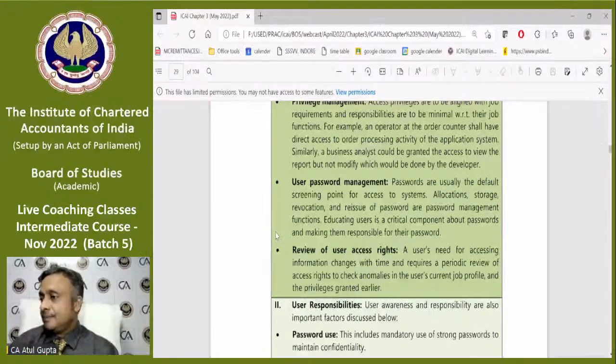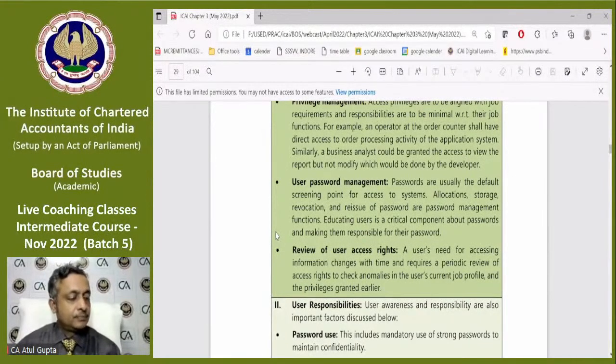Second answer: accountant create ledger. Yes. For this, you could have yes and no. I'll accept both.